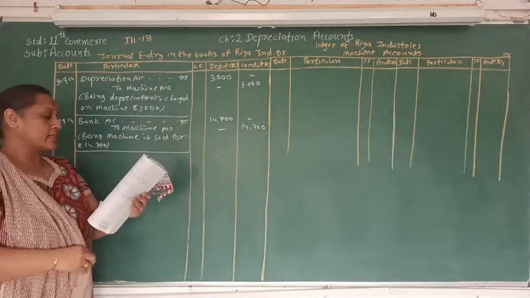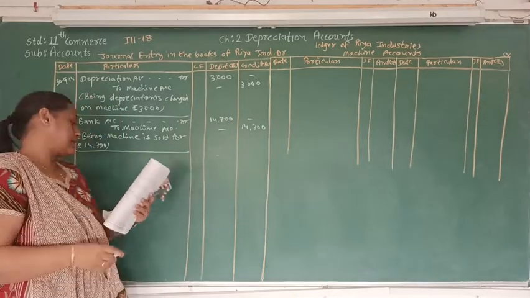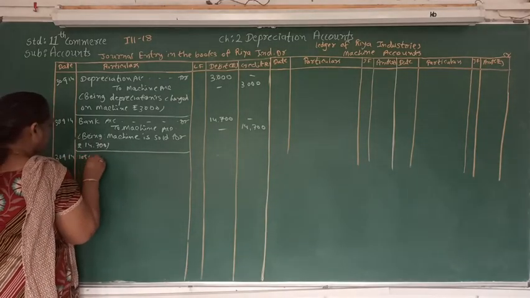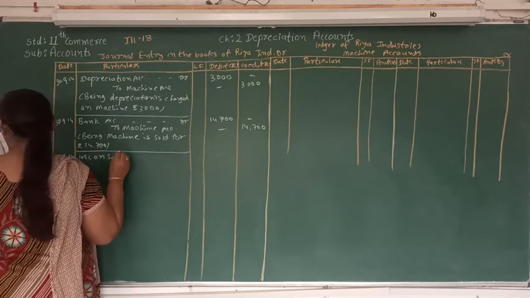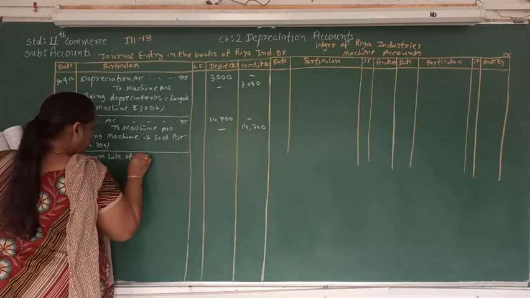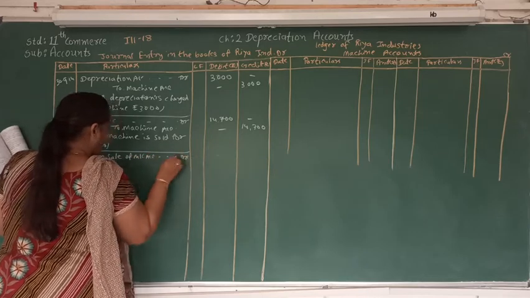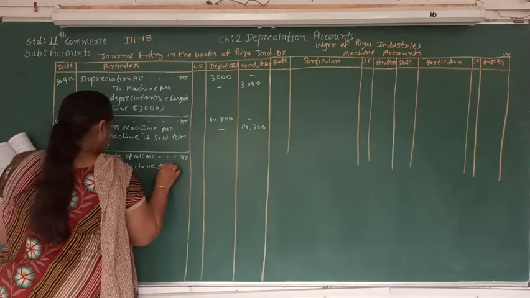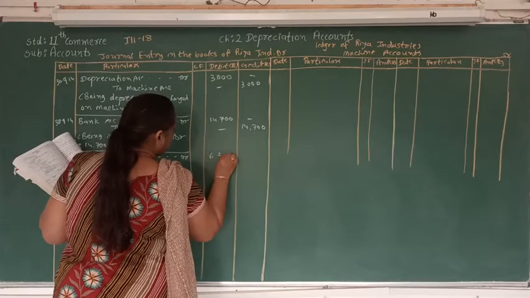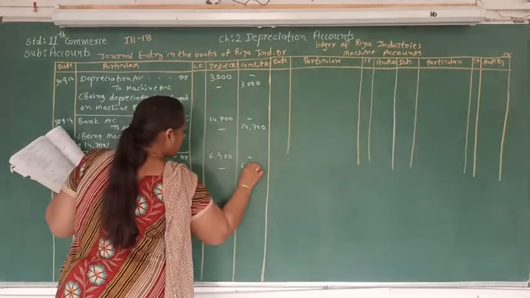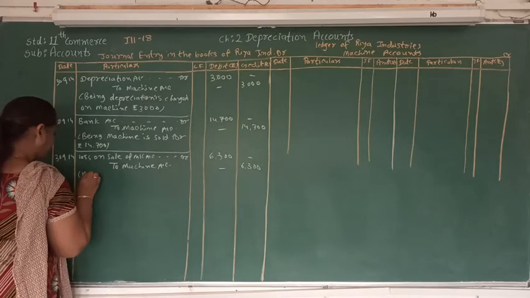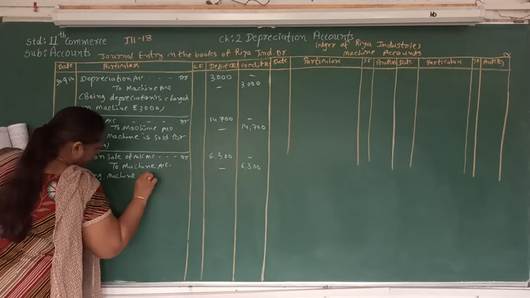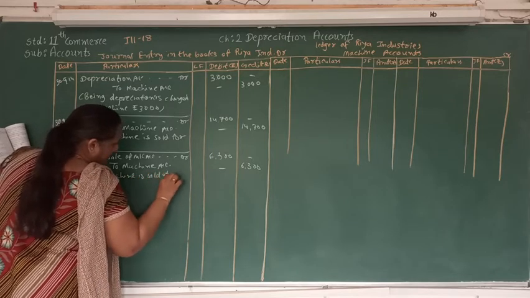The third journal entry that we are going to pass will be for the loss on the machine. That is on 30/9/14 loss on sale of machine account debit to machine account. As we have calculated the loss in the working note, that is 6,300, being machine is sold at 30% loss.